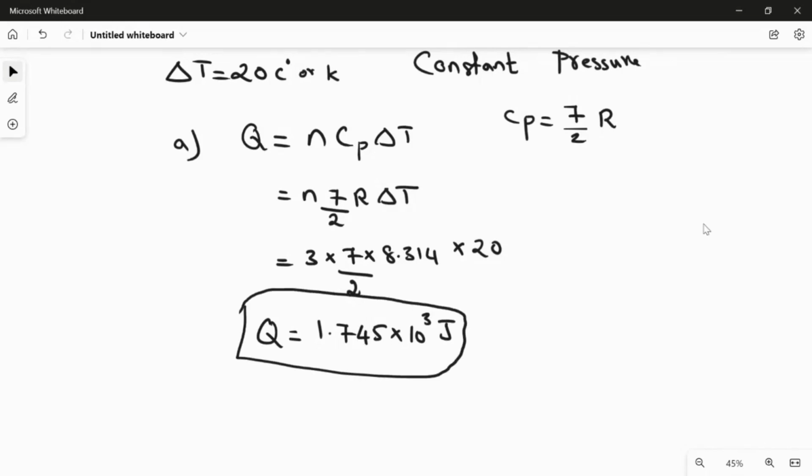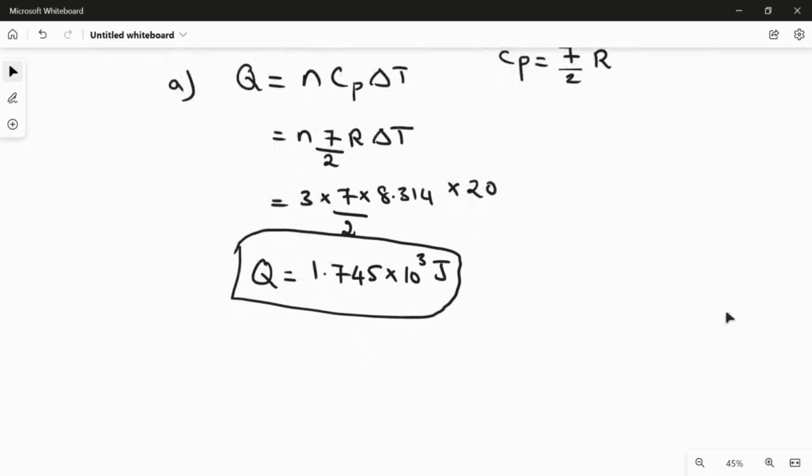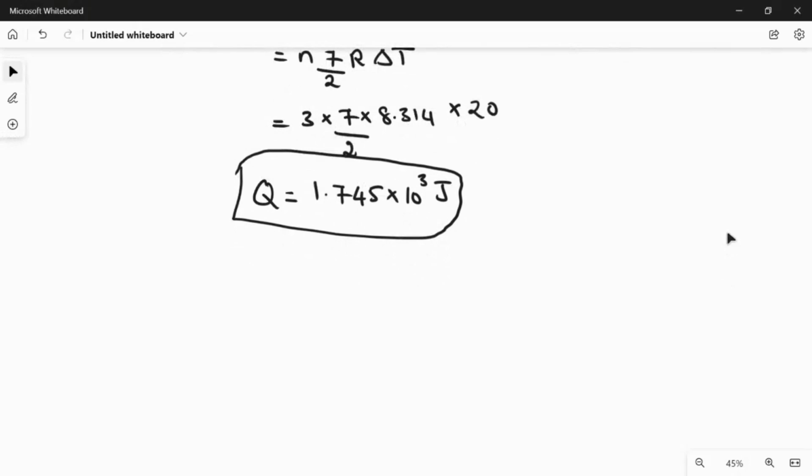Clear? Now in the second part, we are going to find the change in internal energy. What's the formula for the change in internal energy?